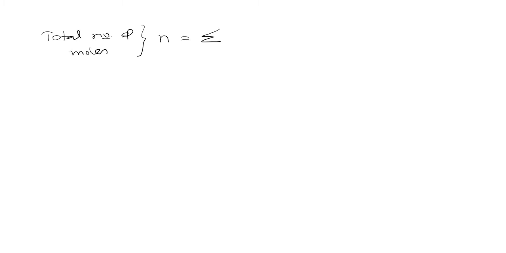What is the total number of moles of all the species present in the reaction mixture? It is given as the summation of the number of moles of each and every species present in the reaction mixture, which is equal to the summation of Ni, and we know very well what Ni is. Ni is nothing but Ni naught plus nu I into epsilon.